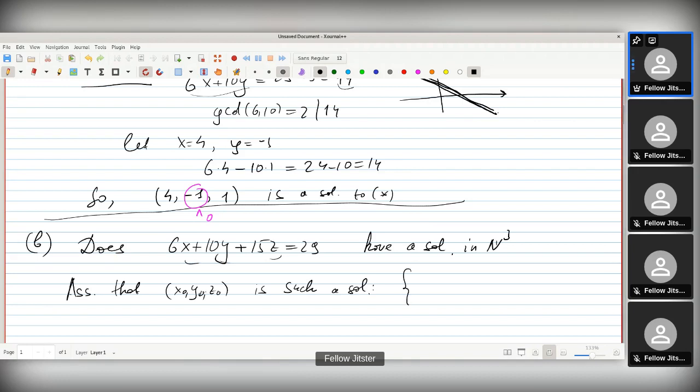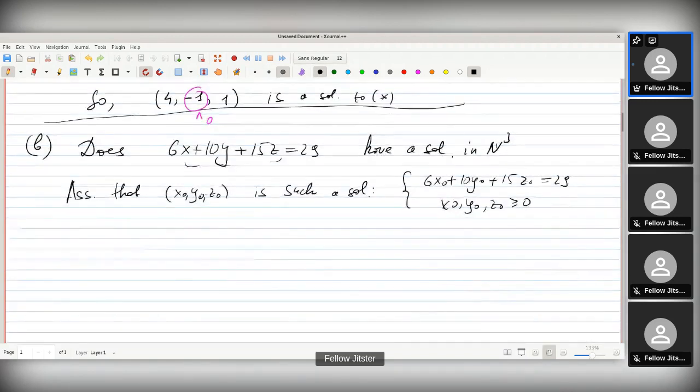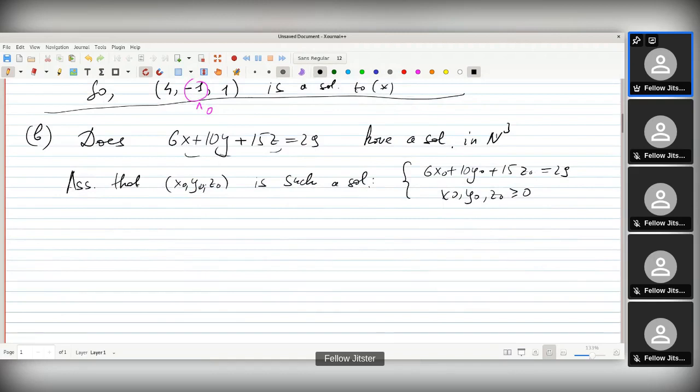So what do we have? 6x0 plus 10y0 plus 15z0 equals 29, and all these numbers are non-negative. What's the problem here? Think of divisibility relations between these numbers.